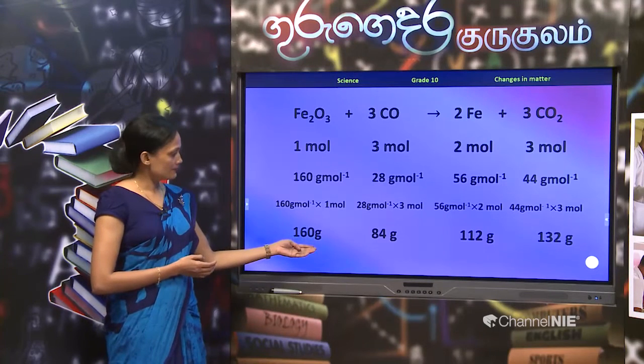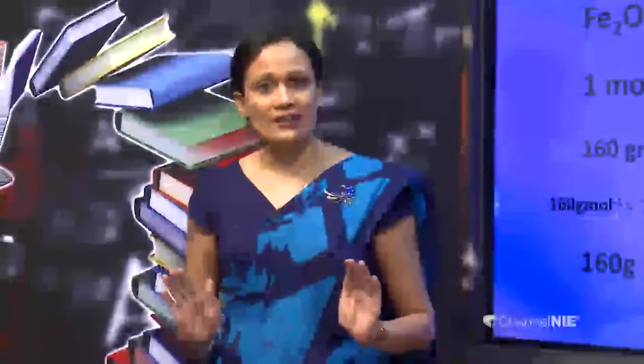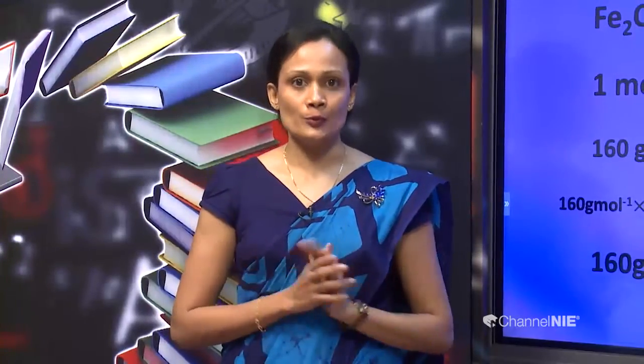160 grams of hematite. Here, 84 grams of carbon monoxide, and they produce 112 grams of iron and 132 grams of carbon dioxide. Okay children, I think it is clear to you.